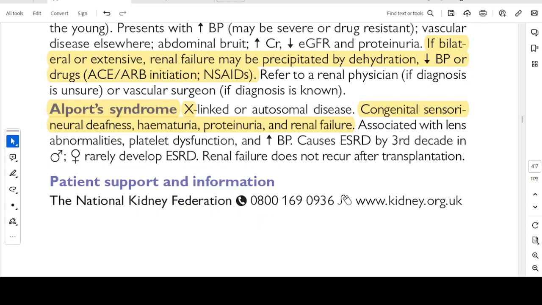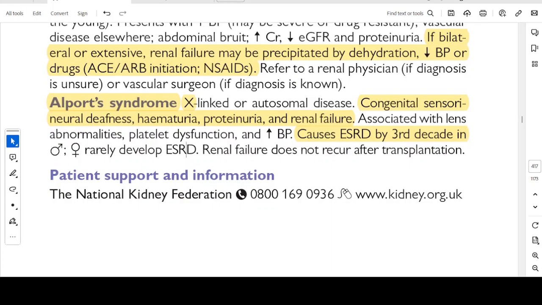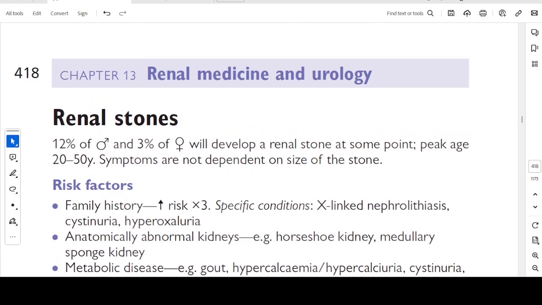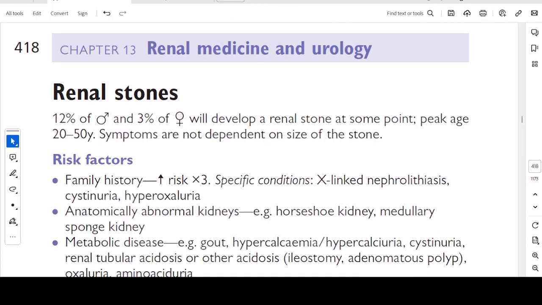Associated with sensorineural deafness, lens abnormalities also, platelet dysfunction and high BP. It causes ESRD by the third decade, in the 30s, in males, and females rarely develop ESRD. Renal failure does not recur after transplantation, so they are good candidates for renal transplant.